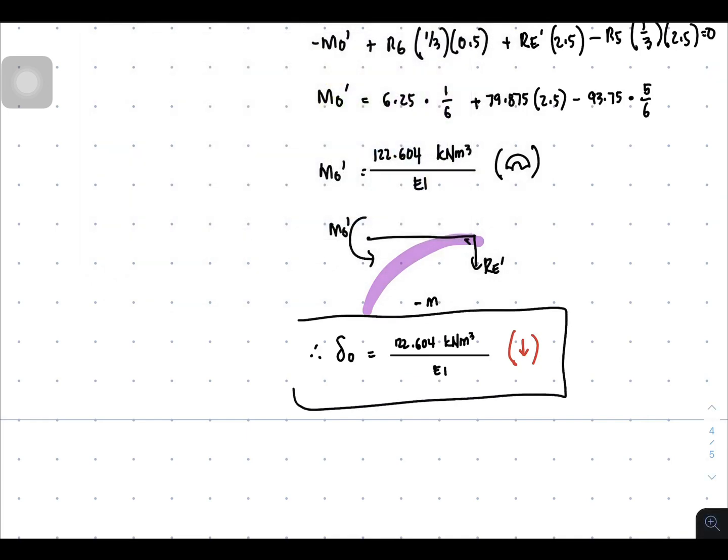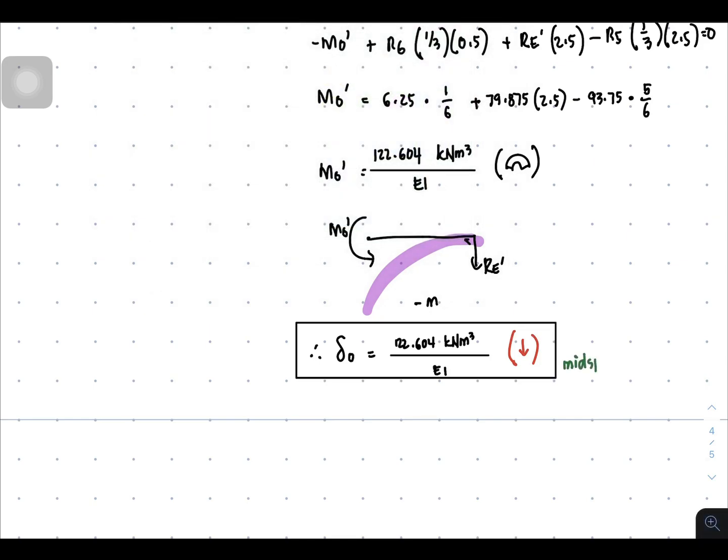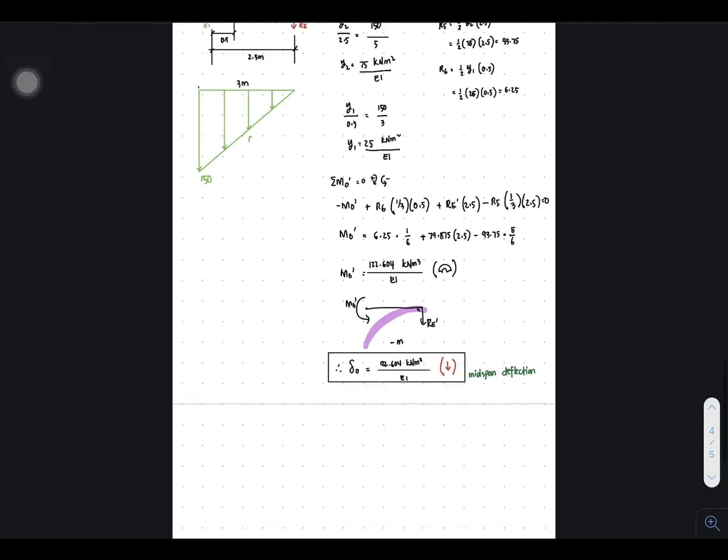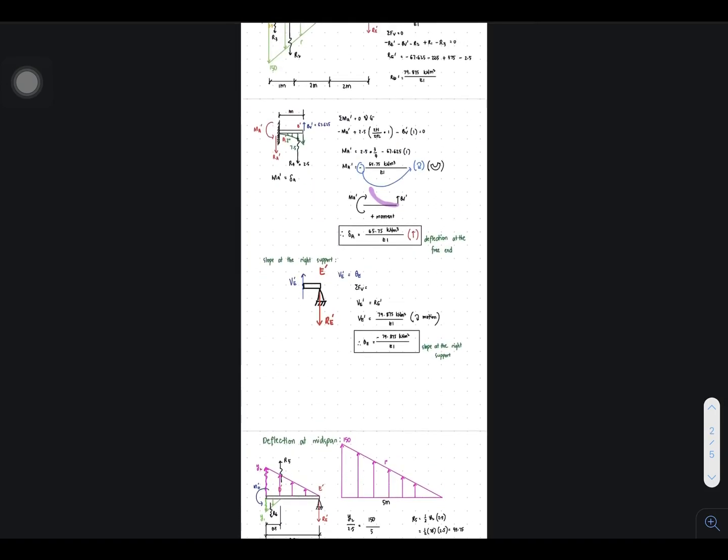Because it is a negative bending moment in the conjugate beam. So this is our final answer, and this is the midspan deflection. So that is our problem number 3.